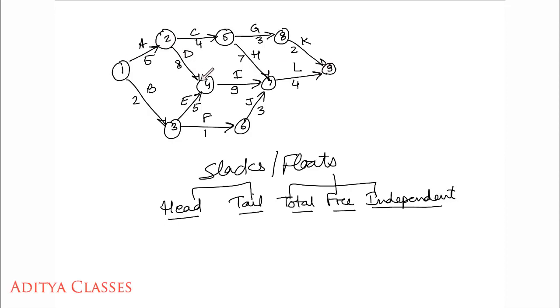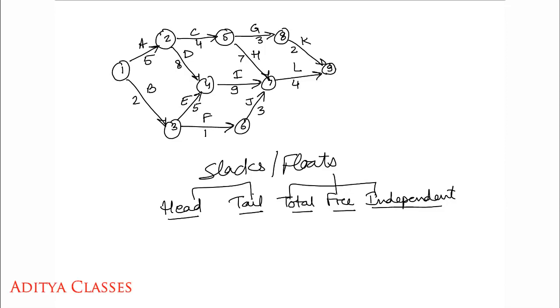Then there is ADIL. We have BEIL. We have BFJL. So how many paths in all? 1, 2, 3, 4 and 5. So I have 5 paths in all that can take me from 1 to 9.